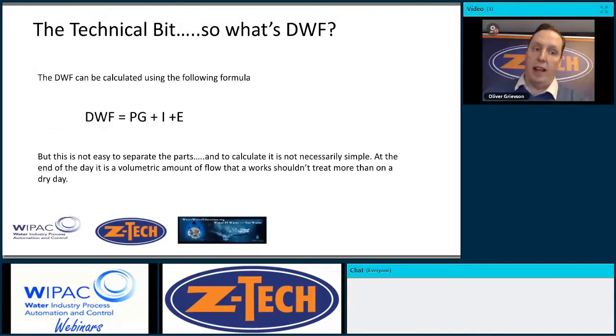But then in some areas, that's a bit of a misnomer as well, because a study done by the WRc, I think about 10 or 15 years ago, basically found that the GE contribution per capita per day could be anywhere, depending on social, cultural, and geographical issues, from 70% to over 100%.